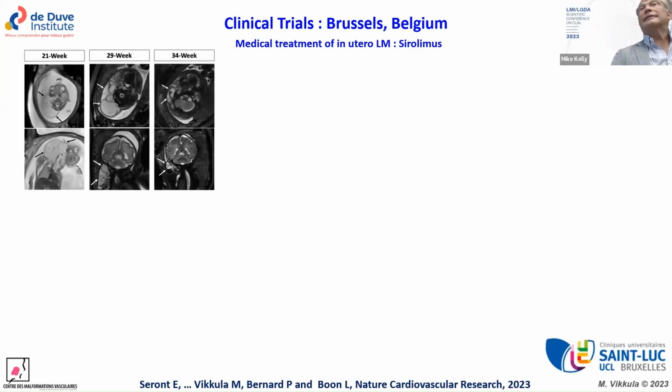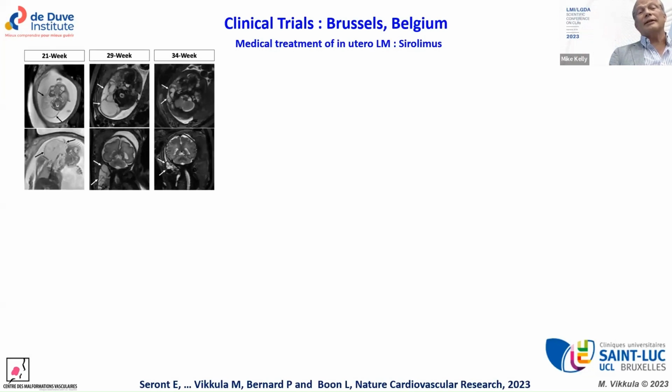And so, since sirolimus had already been used for years and had been tested first in adults and then in children, and there were notions of some pregnancies where the mothers had taken sirolimus for their own disease, it reduced the probability that there would be any problems for the fetus, although the fetus had not been treated with sirolimus.